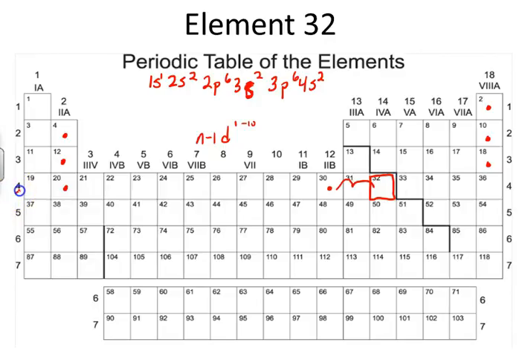So I'm on the fourth period, so 4 minus 1 is 3, d, 10th element, and then I'm back to the P block, fourth period, P block, and I'm 2 elements over.